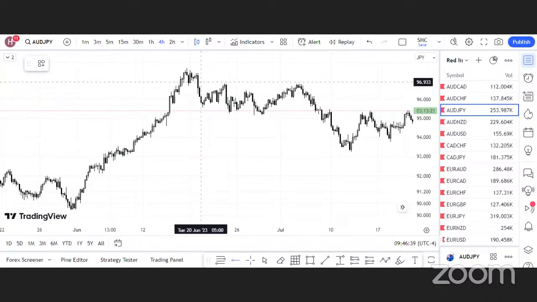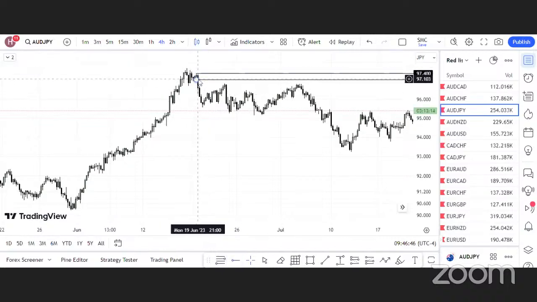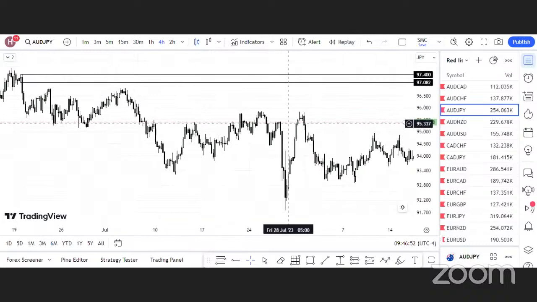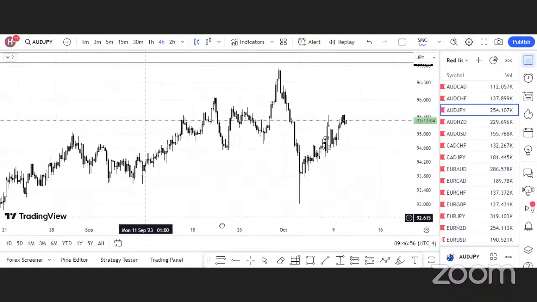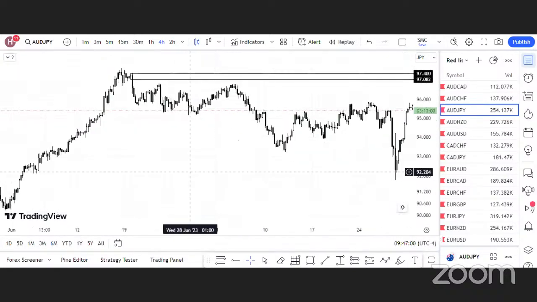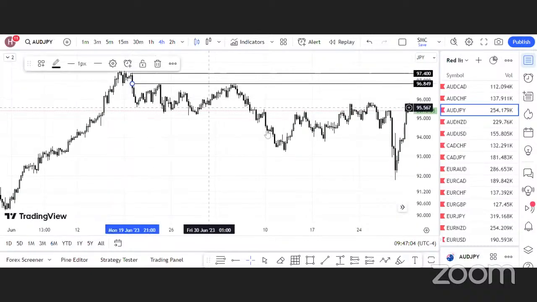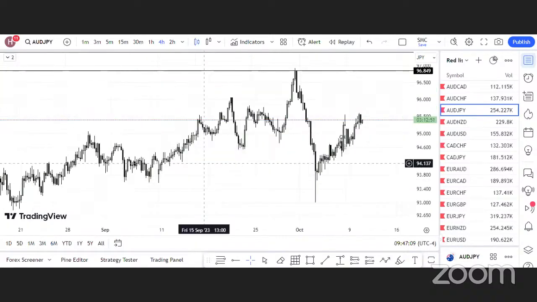See, we have this other block, and I think the market actually went there to retest the other block. So it didn't get to that point. So it respected the fair value gap.